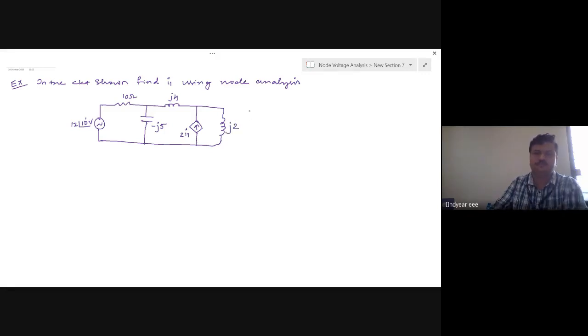J2 ohms. So I need to find I1 using node voltage analysis, and I1 is the current through the capacitor.